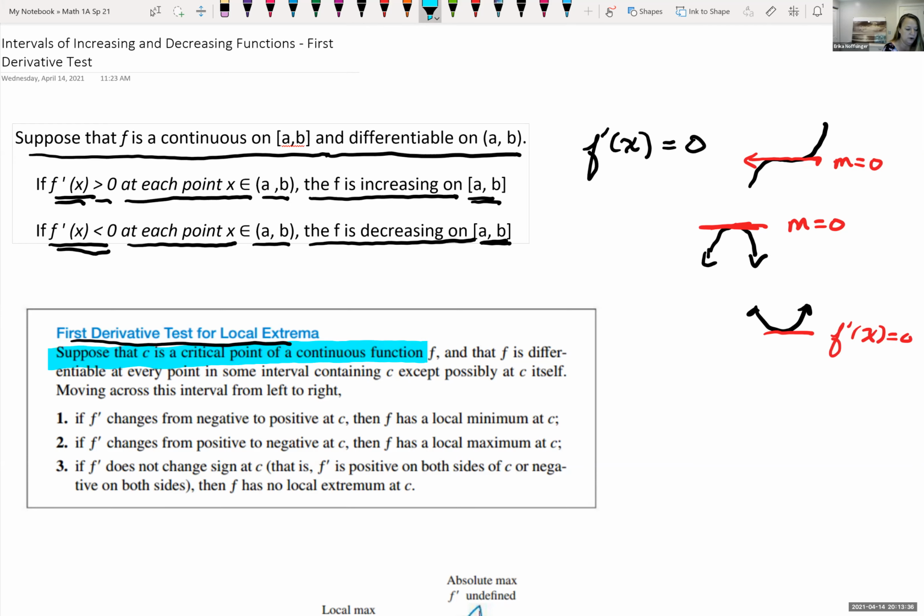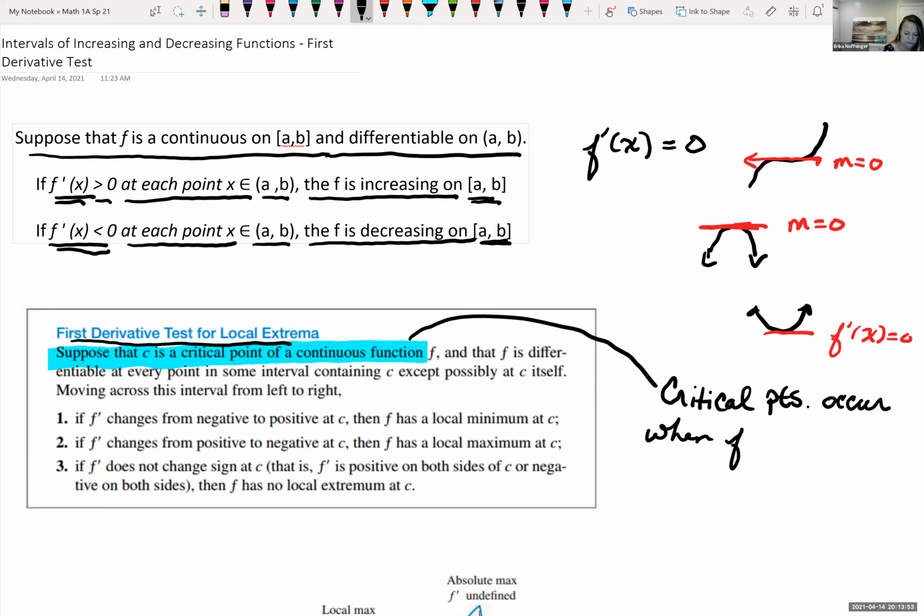Remember, we were looking at critical points at the beginning of this chapter, and critical points occur when our derivative f prime of x is equal to 0 and where that derivative is undefined, if it's in the domain of the original.